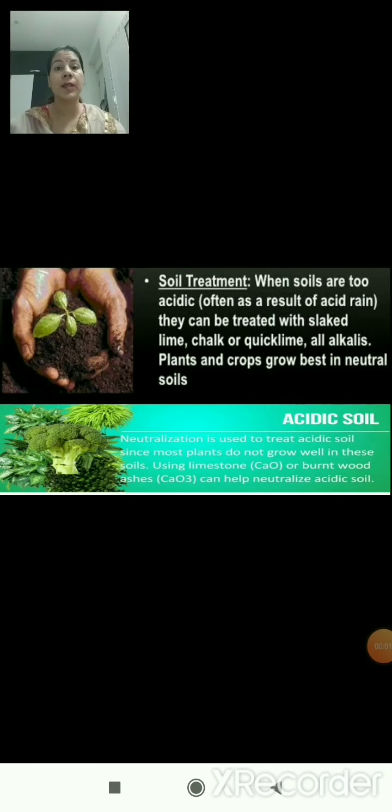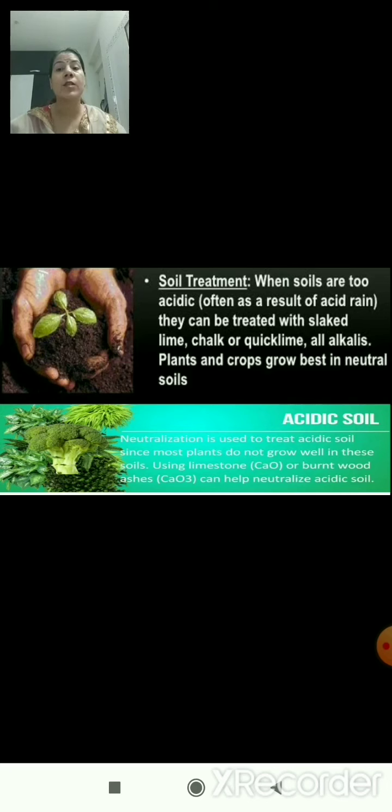Another example of neutralization reaction in our everyday life is soil treatment. Children, we know that farmers use various types of chemical fertilizers, insecticides, pesticides, etc., which can make the soil either too acidic or too basic in nature. And plants do not grow very well when the soil is either too acidic or too basic.